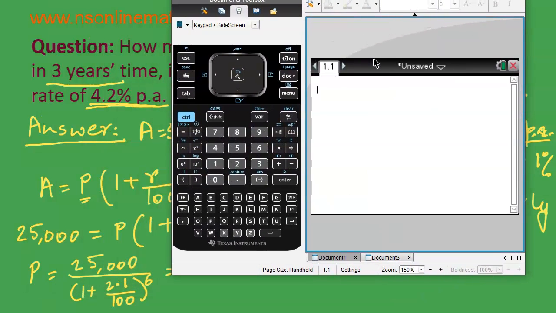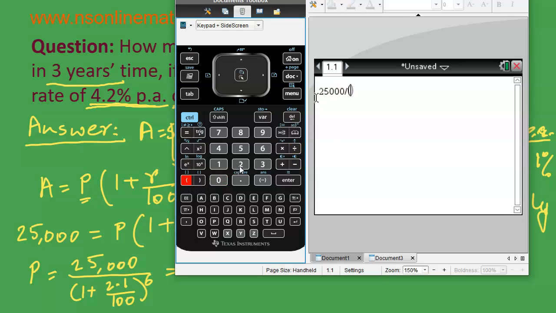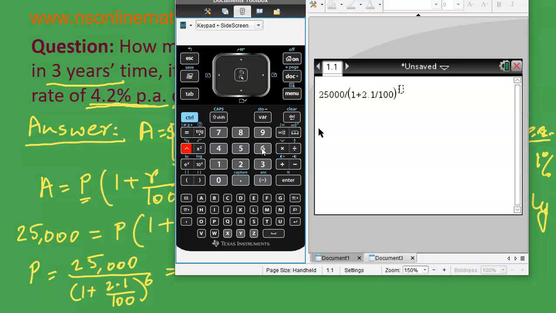So let me take it over here so that I can see the figures. 25,000 divided by 1 plus 2.1 divided by 100, and then I come over here to the power of 6.